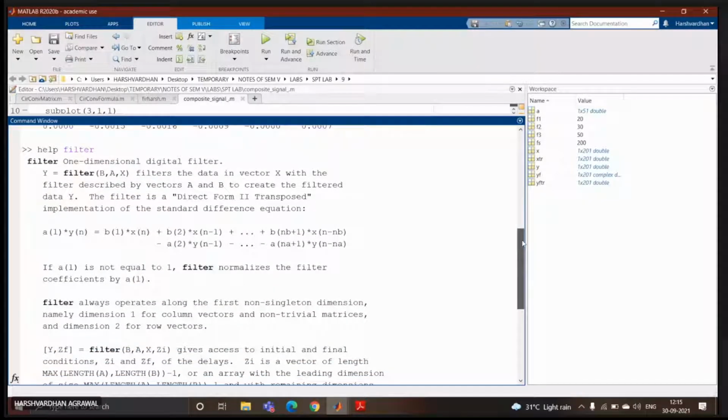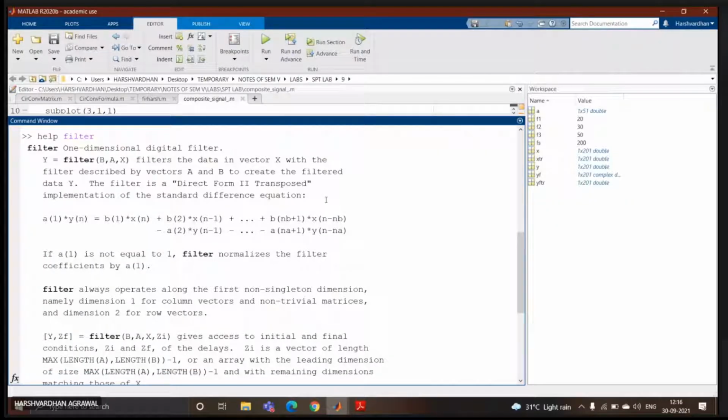What are B and A? How are the coefficients mentioned? Can you read it? Sure, sir. It says y equals filter(b, a, x) filters the data in vector x with the filter described by vectors a and b to create the filtered data y.